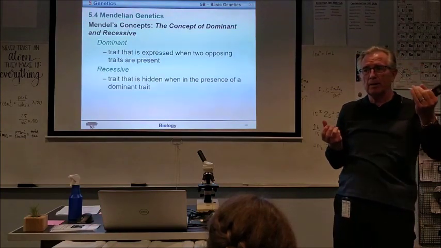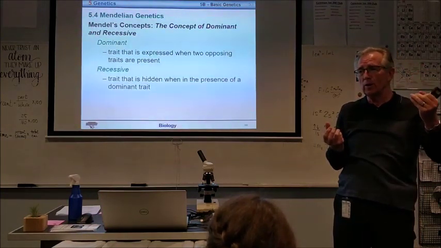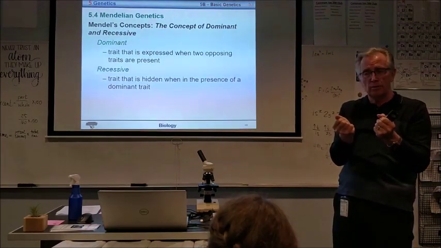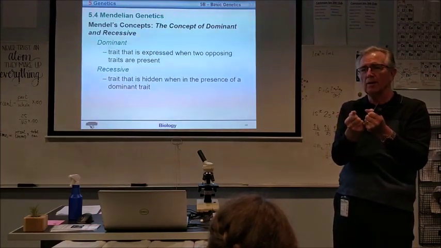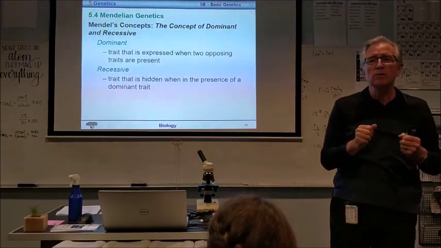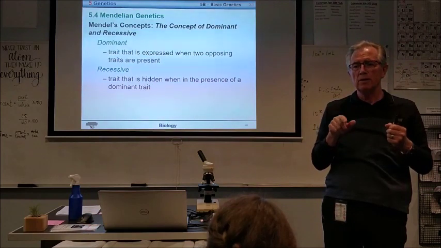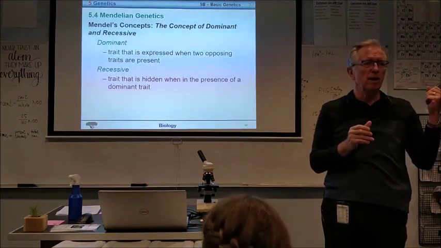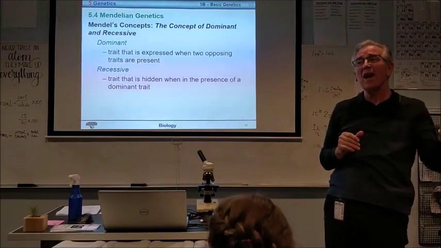If there's a trait for rolling and non-rolling, and you received both genes, you'd still be rolling your tongue, because it's a dominant trait. A recessive trait only shows up if you have both genes for recessive traits. If you have one dominant, it'll automatically cover up or mask the other one.